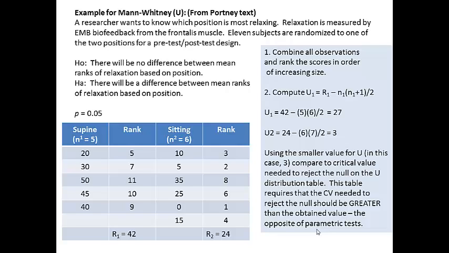So remember, we go with the lowest number of the 2 groups being compared, and we look in the table to find the critical value, and we reject the null when the critical value is greater than our obtained value.